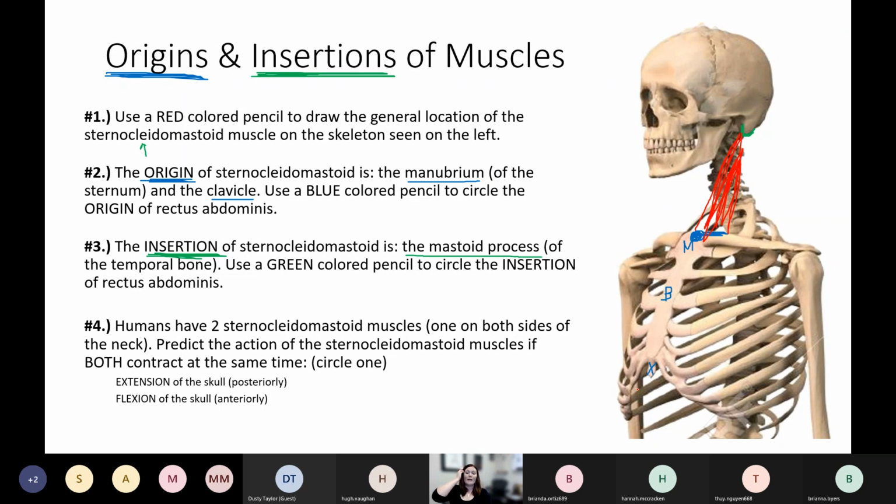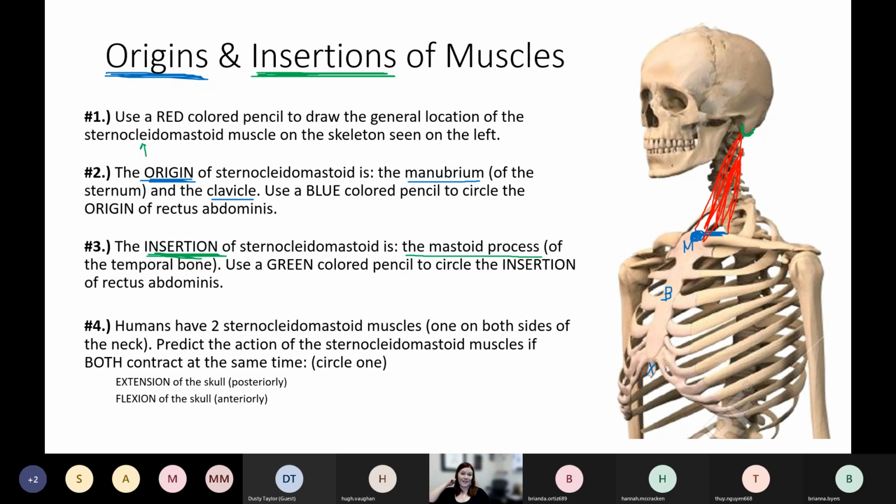Exactly. When I bring things closer together, I do flexion. So when I contract, and I know you have two questions about movements here, we're talking right now about when I contract both sides. When I bring both of my mastoid processes toward my sternum and clavicle, I go forward. I do flexion of my skull.